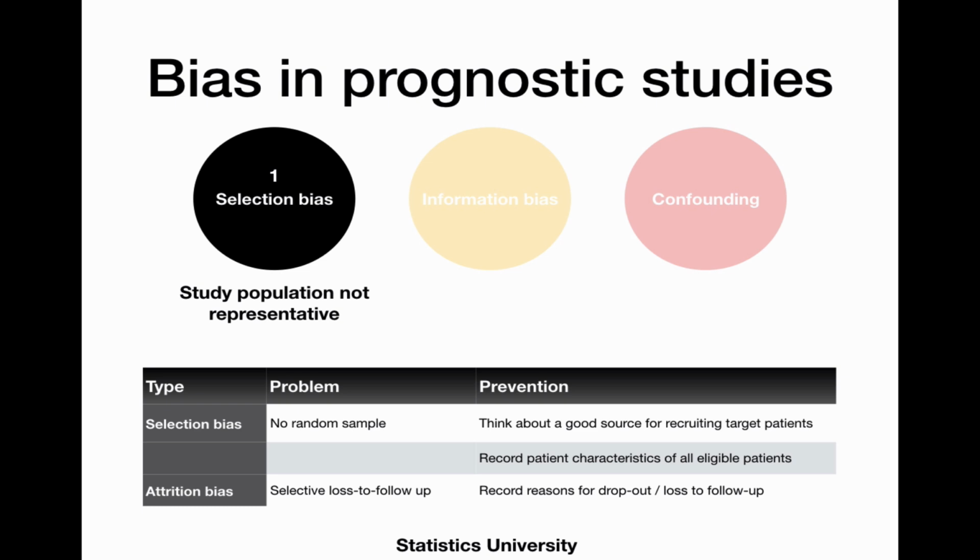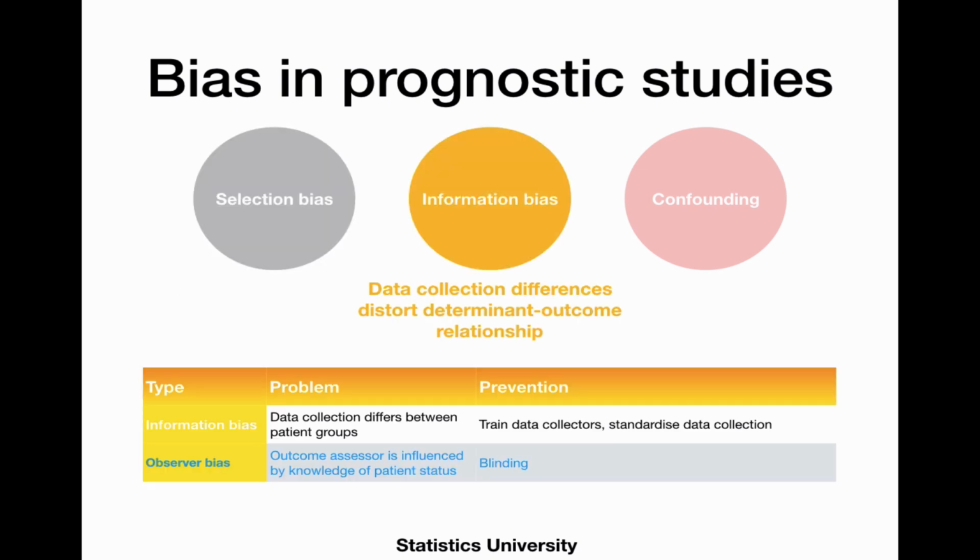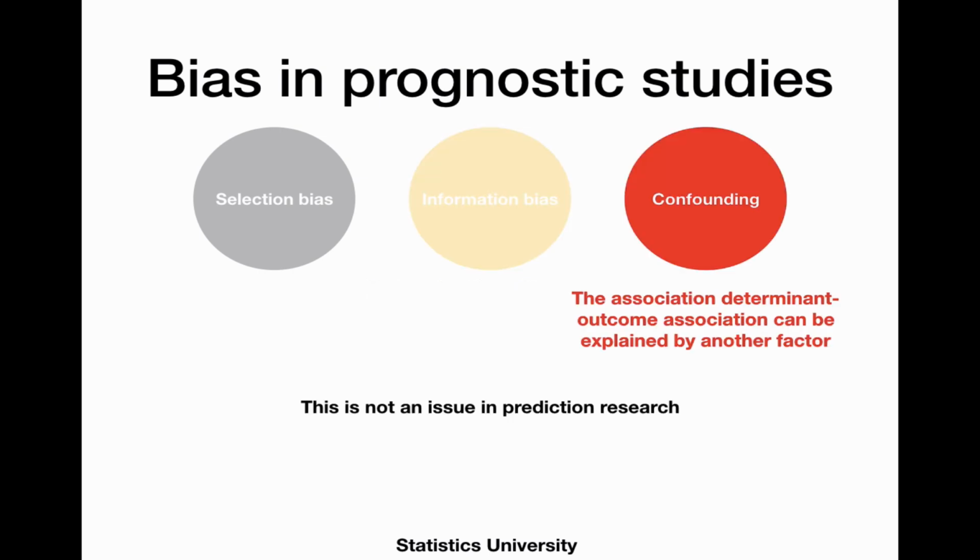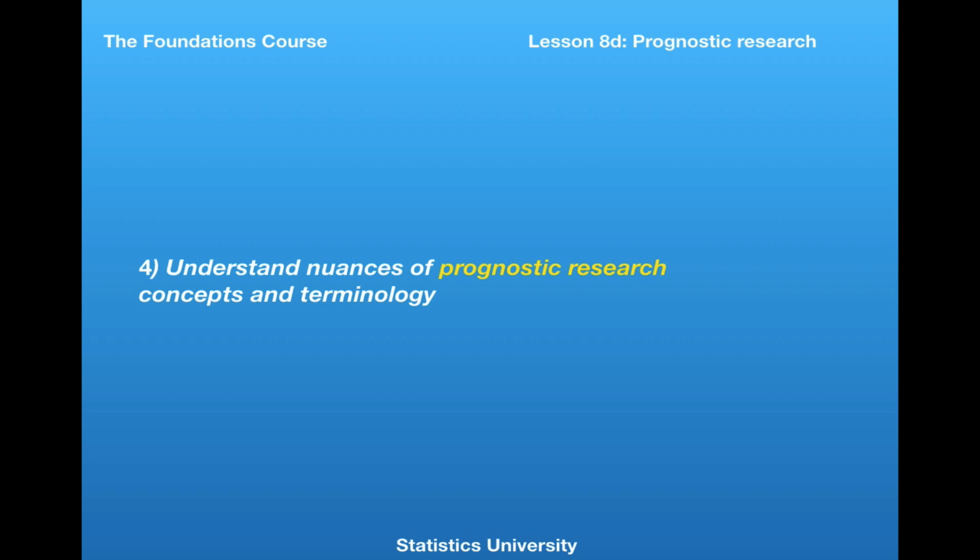So you should think about a good source for recruiting target patients, record patient characteristics of all eligible patients, and also record reasons for dropout or loss to follow-up. Maybe the biggest problem is that of information bias, and of course you should train the data collector, standardize the data collection, and if possible, blind the outcome assessor to prevent observer bias. And as previously stated, confounding is not an issue in prognostic studies, but effect modification or interaction is.